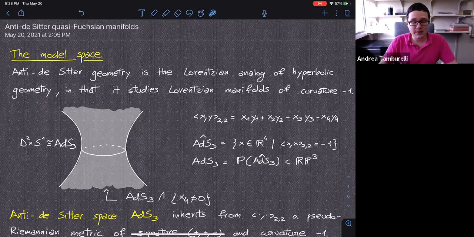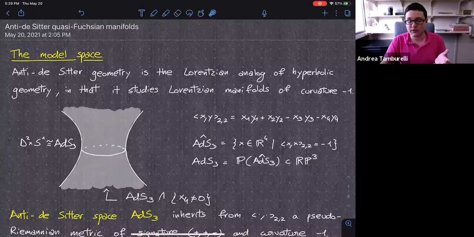And you will find many similarities with the hyperboloid model of the hyperbolic space. So we start with R4 endowed with this bilinear form of signature 2, 2. And then we'll define anti-de Sitter space as the space of vectors with norm equal to -1. So this describes a hyperboloid in R4, and it's easy to verify that now this bilinear form of signature 2, 2 induces a pseudo-Riemannian metric of signature 2, 1 at the tangent space of each point.